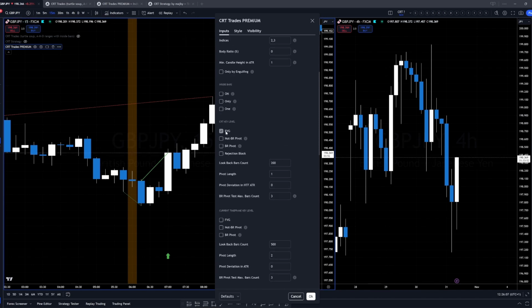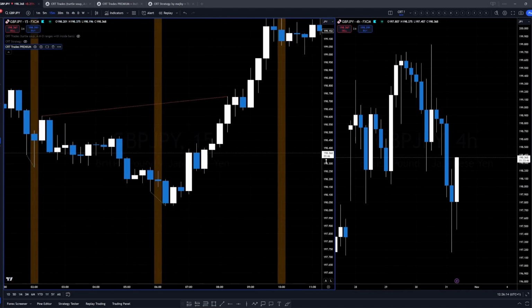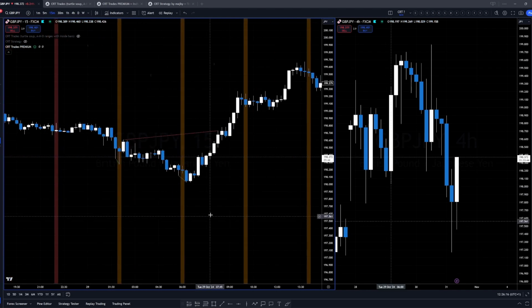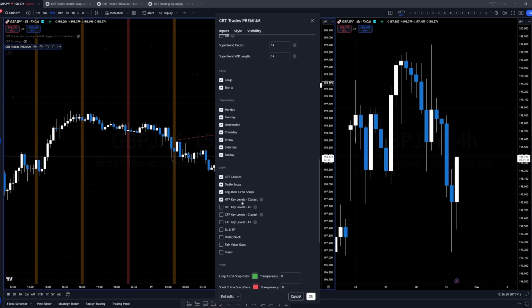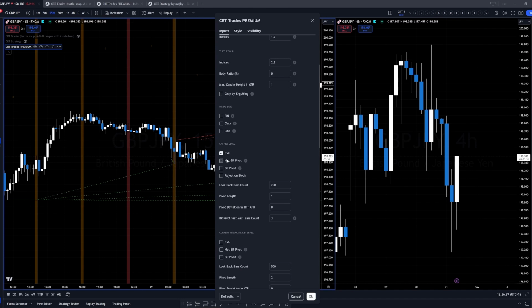So if you want to filter out only the CRT key levels with the fair value gaps, you can also show those. You can either choose the closest, which means if you have multiple key levels turned on, it will show you only the closest one from those.